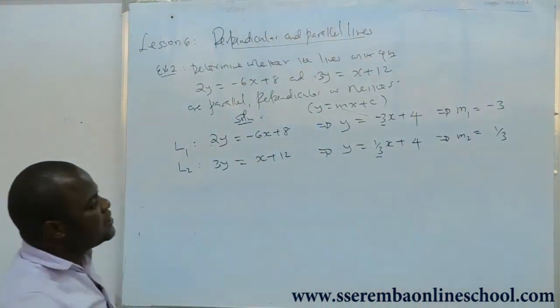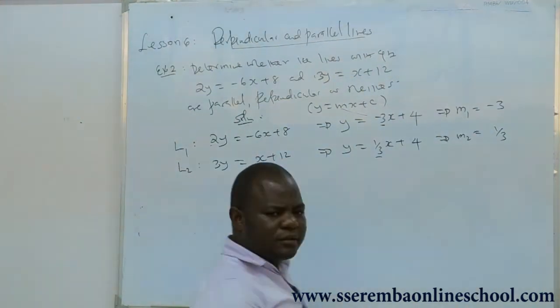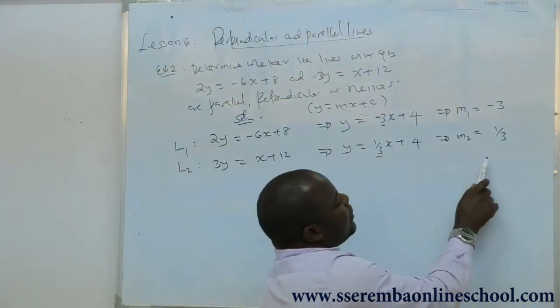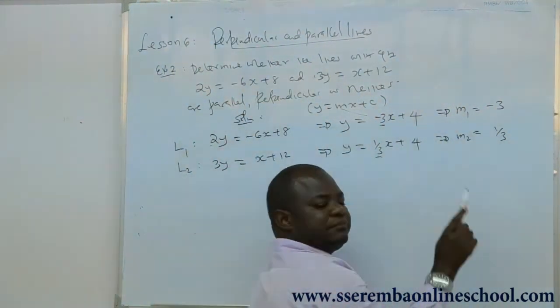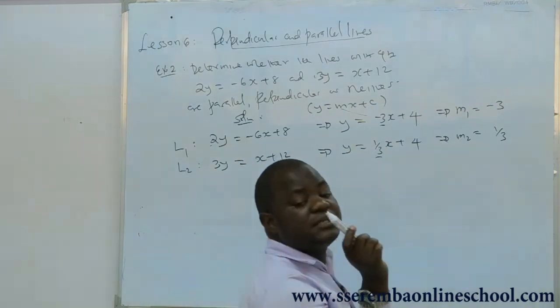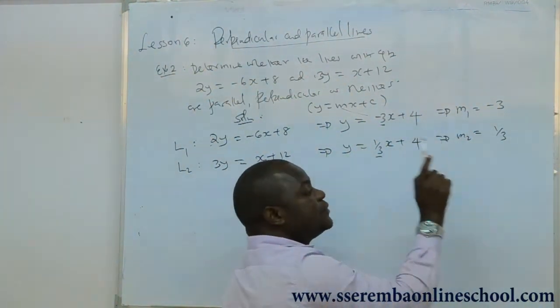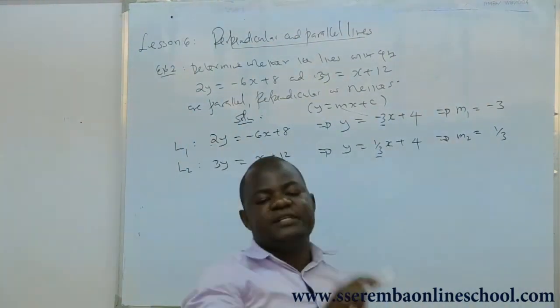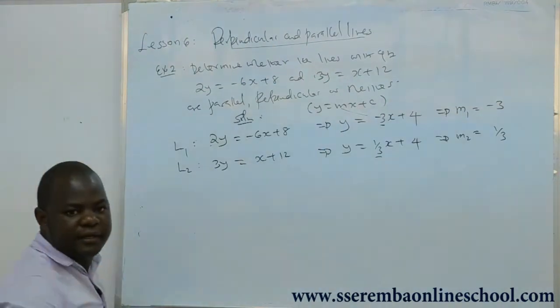Now let us see, are the lines parallel? Class, are the lines parallel? No, they are not parallel, because when two lines are parallel, their gradients must be the same. That's what you should know. So if they are parallel, then m1 and m2 must have the same value. But since they do not have the same value, they are not parallel.